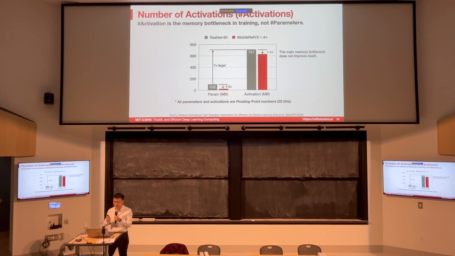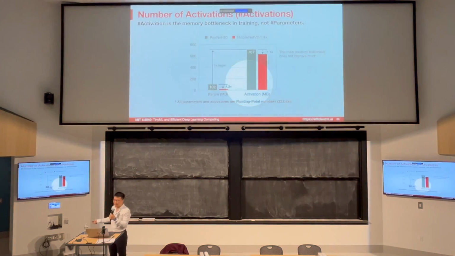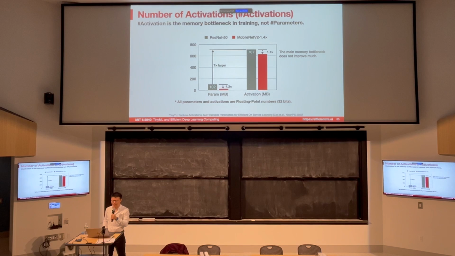So here is an example for CNNs, showing the number of parameters versus the number of activations. The number of activations is like 7 times larger than the number of parameters when you are doing training. Due to the batch, the activation is pretty large, occupying a lot of the GPU memory.